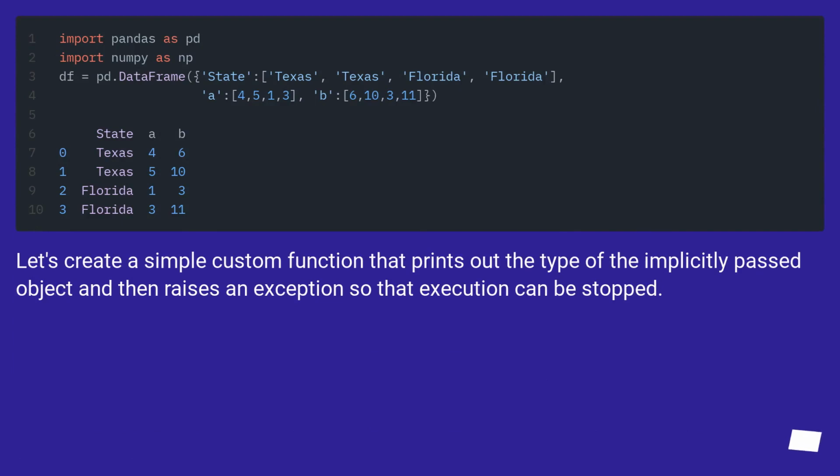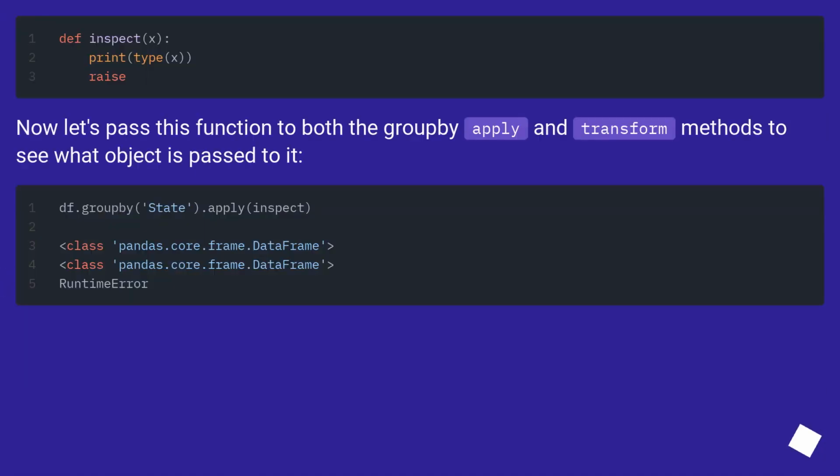Let's create a simple custom function that prints out the type of the implicitly passed object and then raises an exception so that execution can be stopped. Now let's pass this function to both the groupby apply and transform methods to see what object is passed to it.